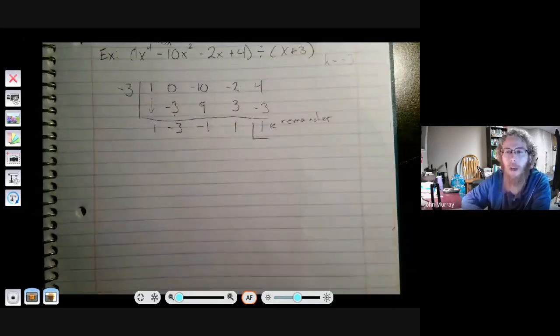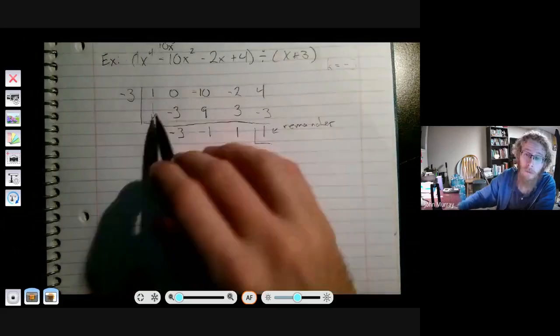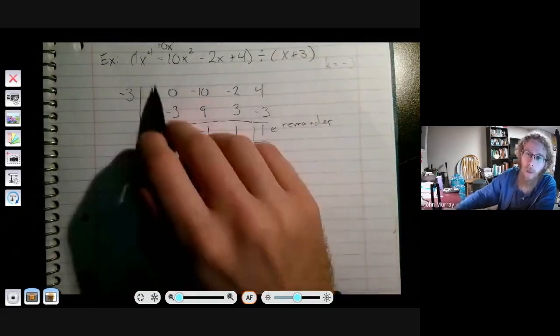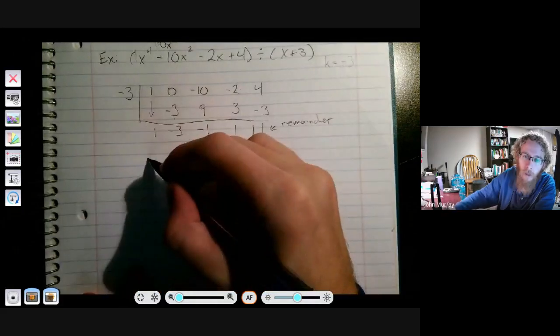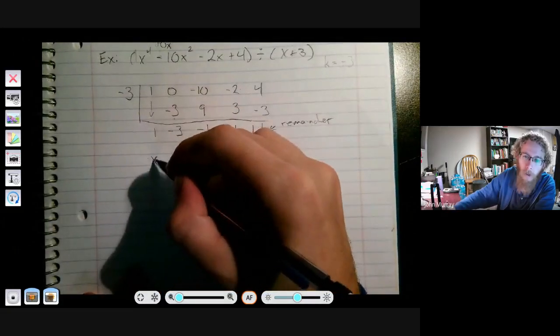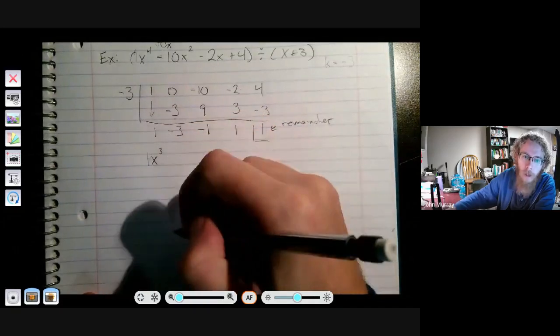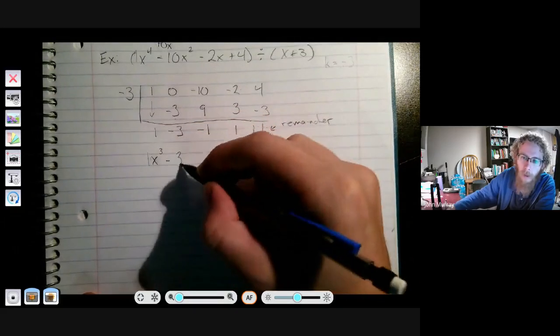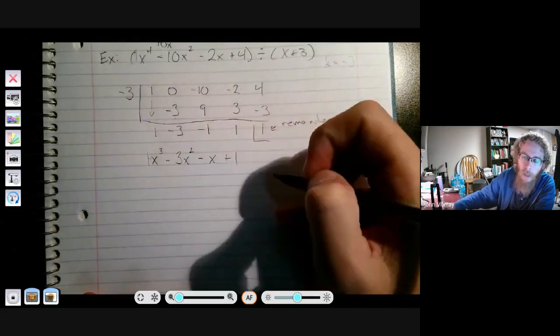Okay, so here we have a remainder. But we treat these like we did before. My first term here was x to the 4th, so my first term in my quotient is going to be x to the 3rd with a coefficient of 1. Minus 3x squared minus x plus 1.